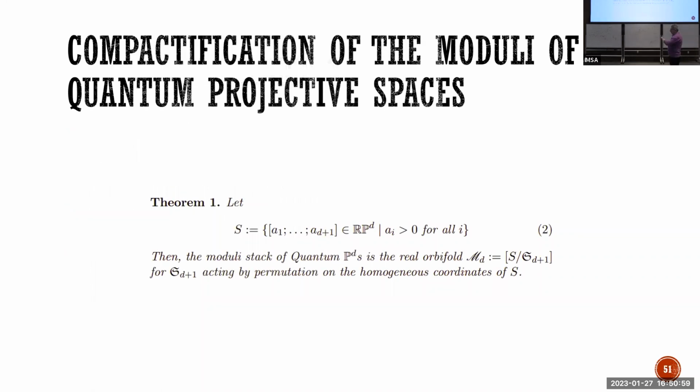Let me just do a little bit of an example for compactification. The compactification of quantum projective spaces of dimension D looks like a tropical object. It looks like positive in RPD, and then acted on by the symmetry.